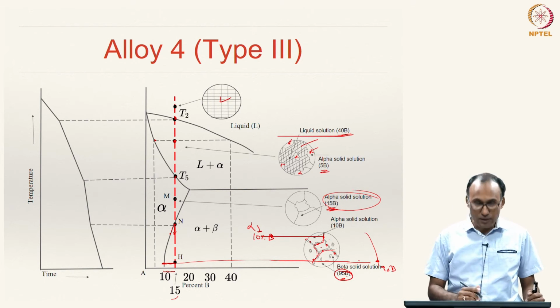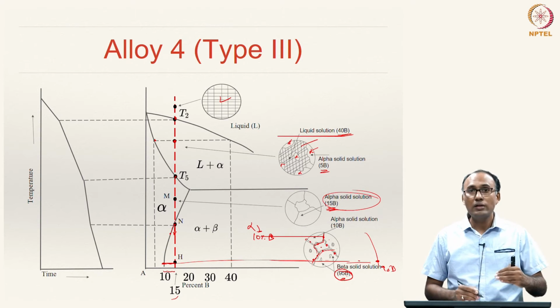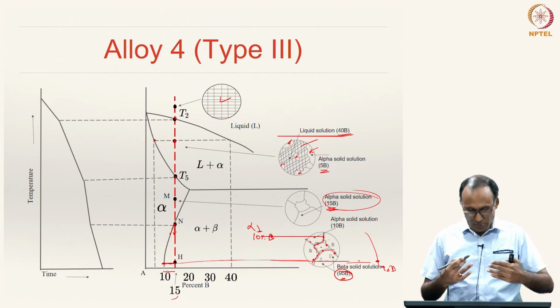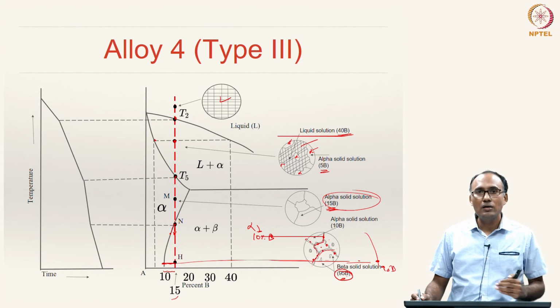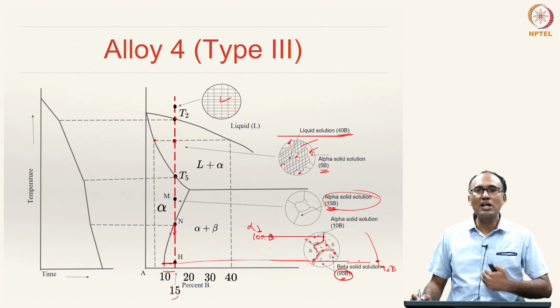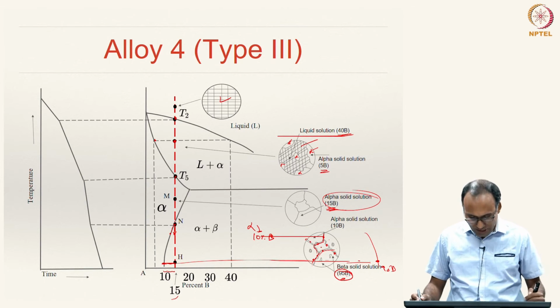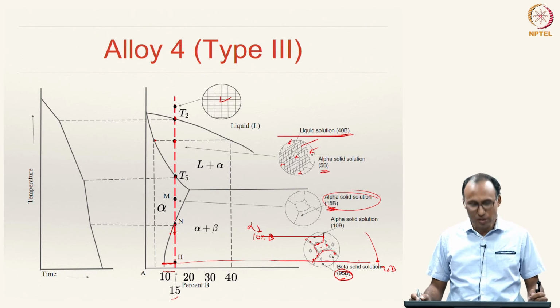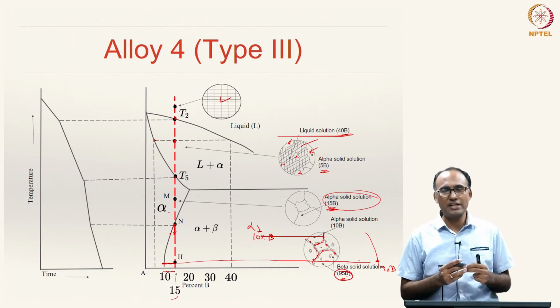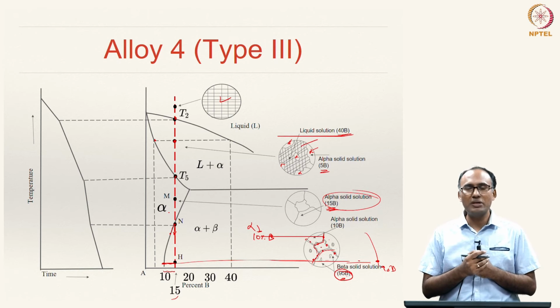So, here because of the limited solubility, as you are cooling down, there is something more happening to the microstructure. There are still some events taking place because of the limited solubility, and hence the position of the solvus line is also an important aspect to be paid attention to.